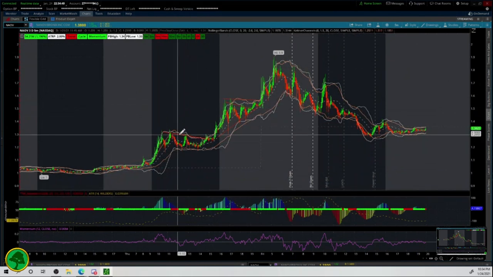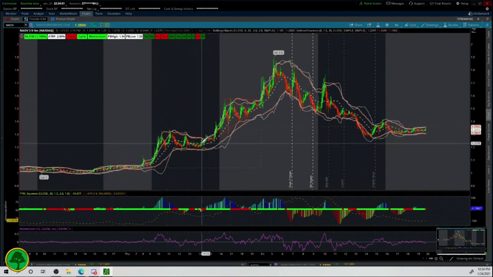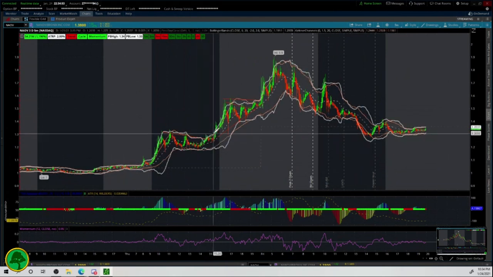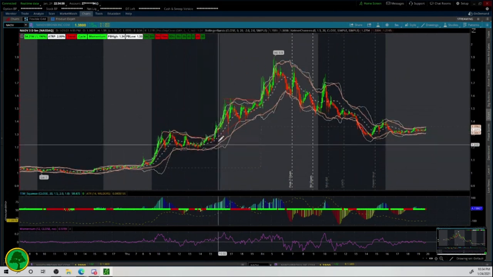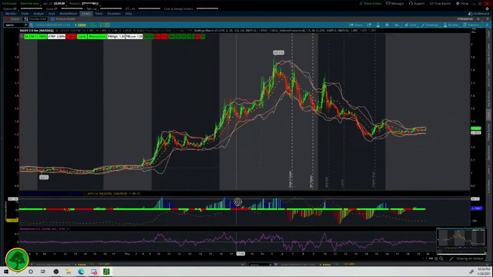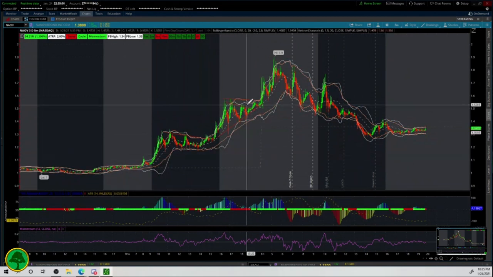This whole little consolidation zone is pretty much squeezing, and then it fires off and you can see it break. That's the idea. But yeah, the wedge combined with the squeeze, oh, a thing of beauty.